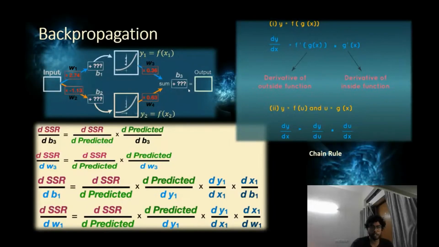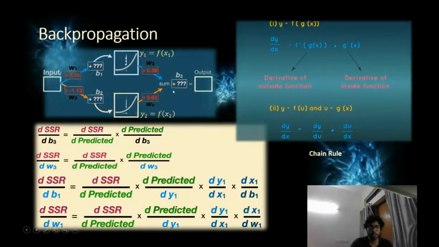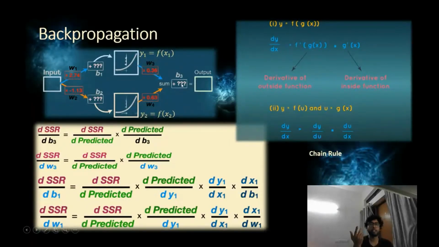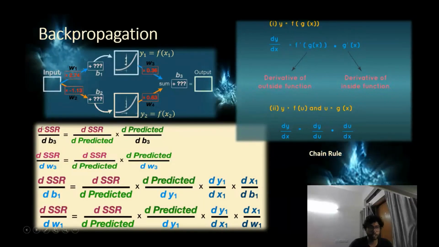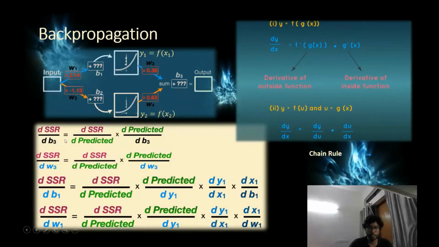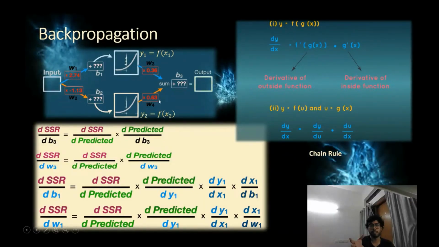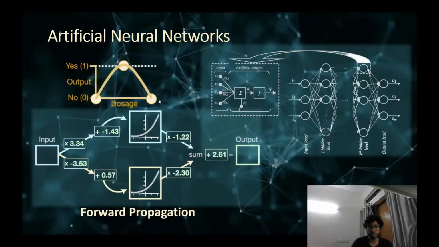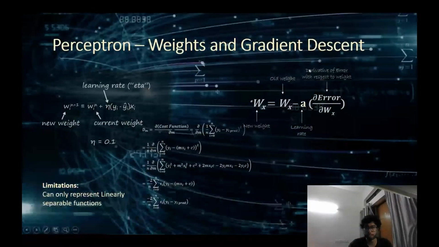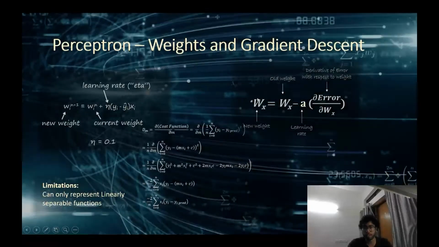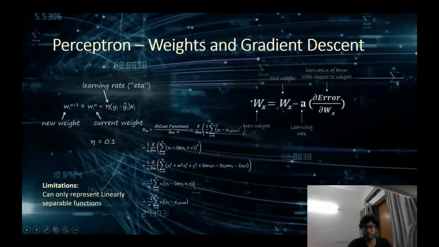For example, let's say you are updating B3. B3 in the next iteration would be B3 in this iteration minus the derivative of SSR with respect to B3, this term, d of SSR by dB3, times some learning rate, right? This is just the formula we saw on the right. In this case, just replace W by B3.